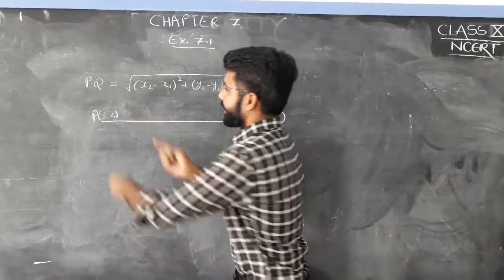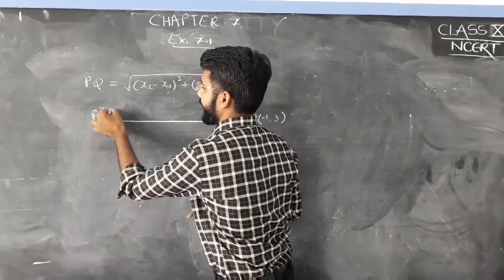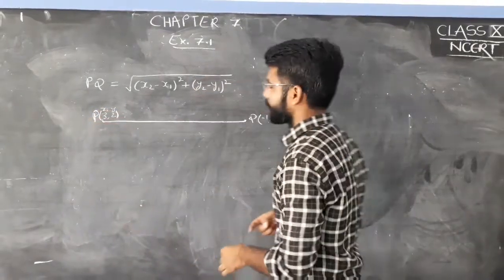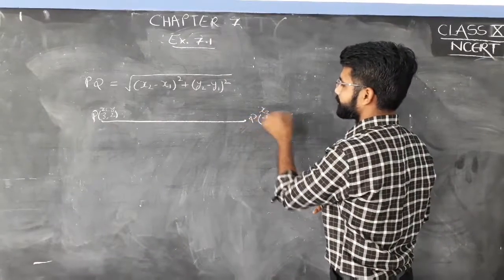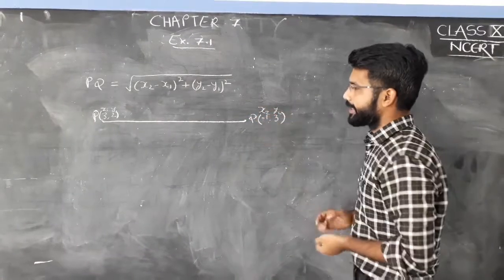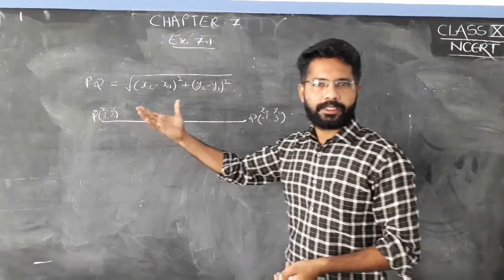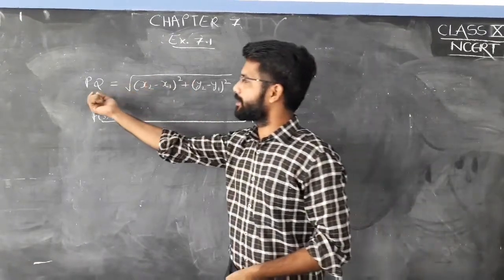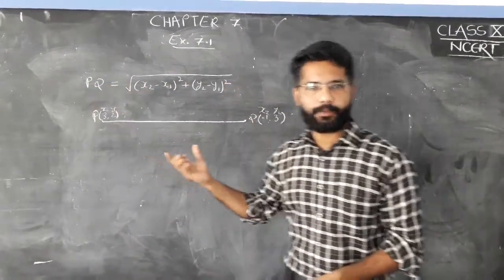Here x1 is 3, y1 is 2, x2 is minus 1 and y2 is 3, and I put their values in the formula. By solving this I will get the distance between points P and Q.